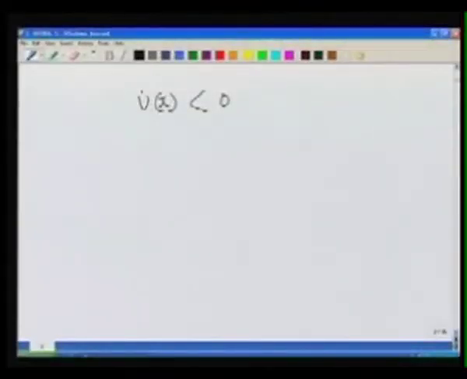Then we have to make sure that V dot x is negative definite.